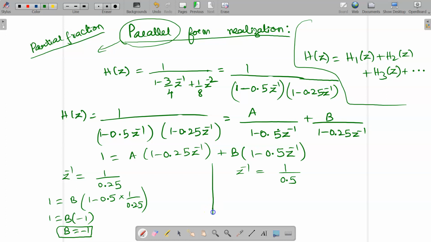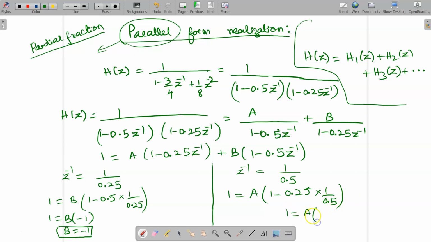And then here, 1 equals, when you substitute 1 by 0.5, the second term gets cancelled, only the first term is available. So a into 1 minus 0.25 into 1 by 0.5. 0.25 divided by 0.5 is nothing but 1 by 2.